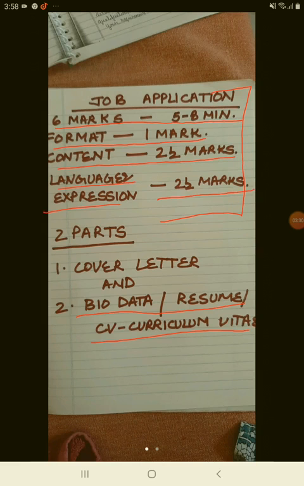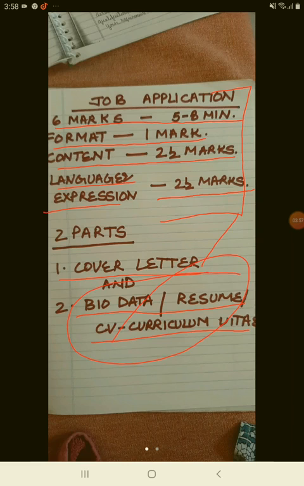Now, this is a longer question as compared to the questions that you get based on letters, where you are writing to an editor, or you are writing to complain or to make an inquiry or perhaps place an order. All those things just include 1 letter, but this includes 2 parts. And if you just write the cover letter and you do not write the biodata, then obviously it is not going to get you the marks that you would want to have.